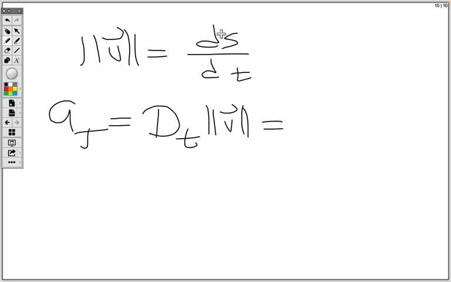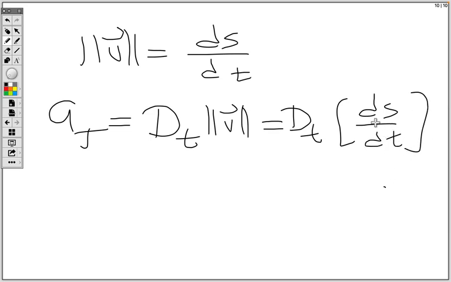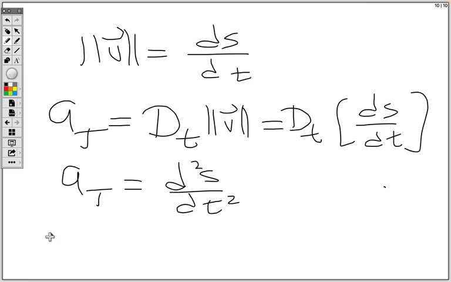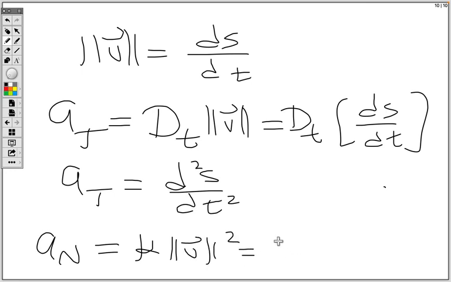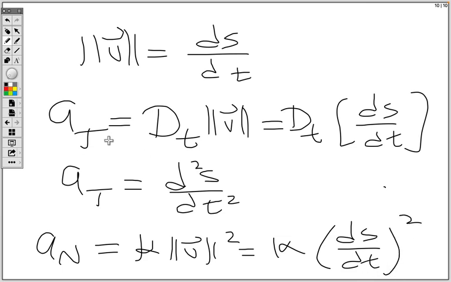So that would be the derivative of that, which would be the second derivative. And then the normal component would be the curvature times this. And so this is what I was remarking about.